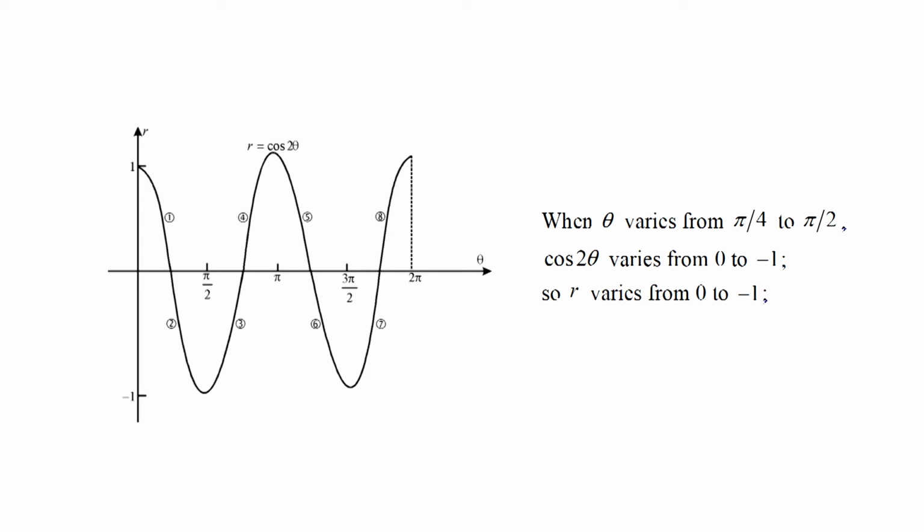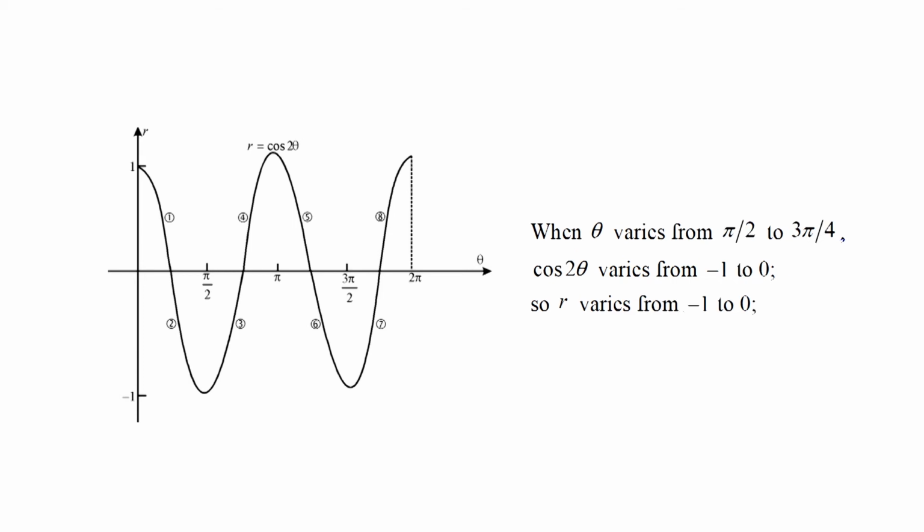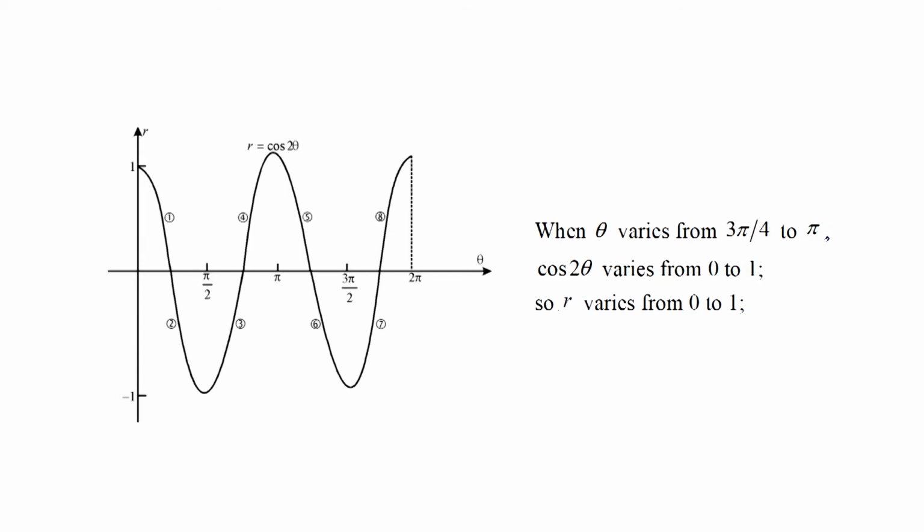So, r varies from 0 to negative 1. When theta varies from pi by 2 to 3 pi by 4, cos 2 theta varies from negative 1 to 0. So, r varies from negative 1 to 0. When theta varies from 3 pi by 4 to pi, cos 2 theta varies from 0 to 1.